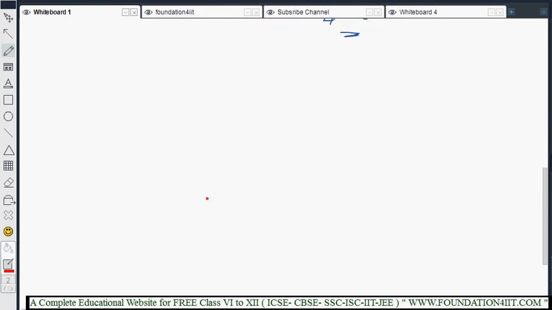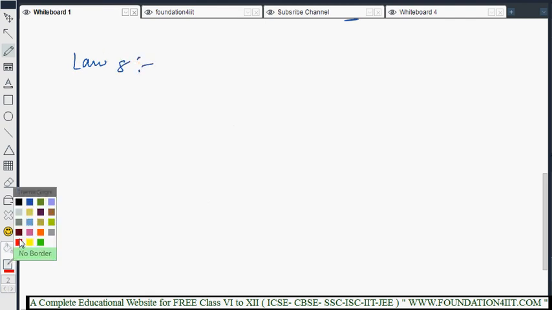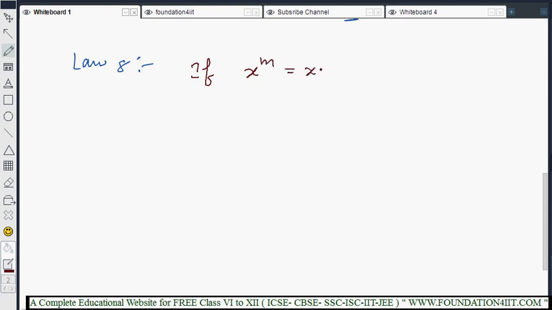Let's see the one more last law in exponents and powers, law 8. It says if x power m is equal to x power n, then m is equal to n.